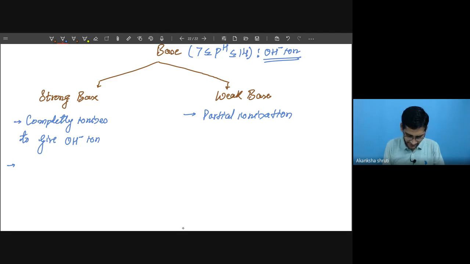So if you are taking the pH range, maximum pH can be 14. So it starts from 10 or 11 rather.